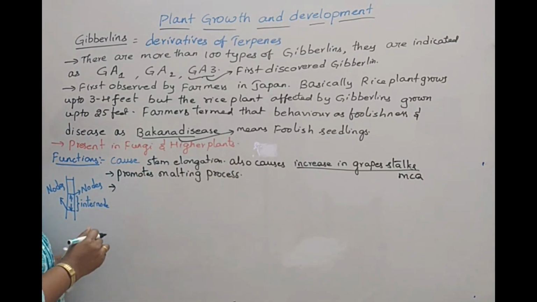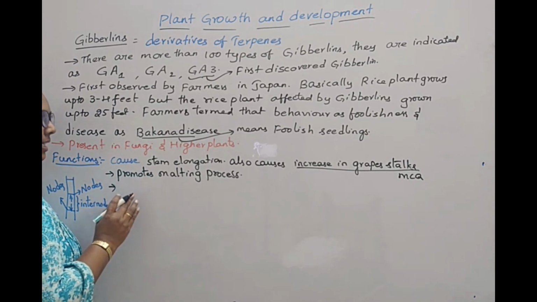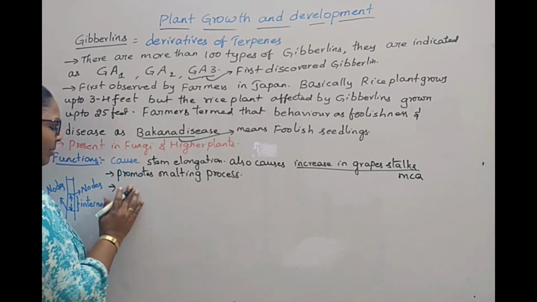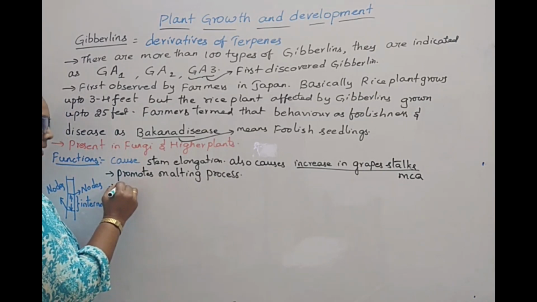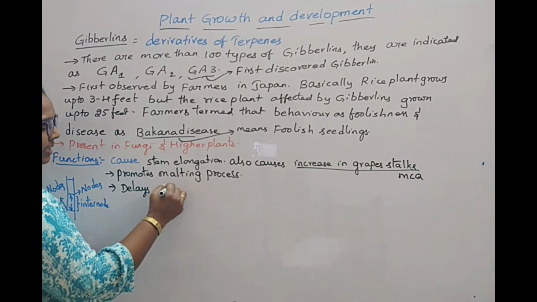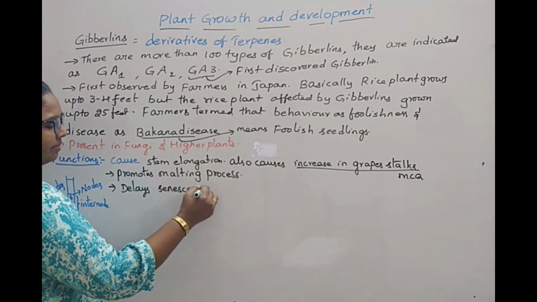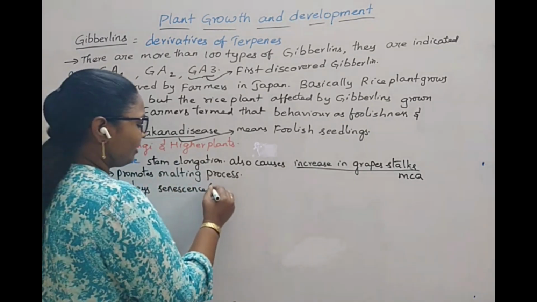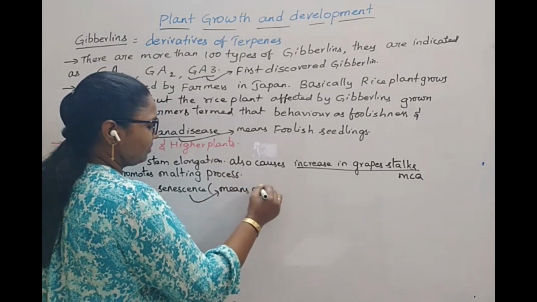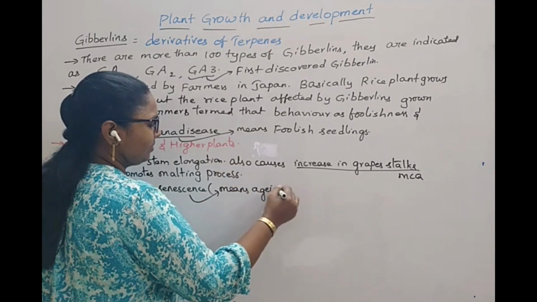Senescence is the time period just before death. We can say it as aging in case of animals. But here we are discussing plants. You will write it delays senescence. Means it delays aging. Senescence means aging.